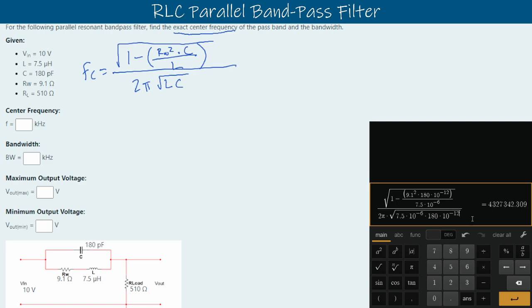So that is our output that we expected there. So we'll set this equal to our frequency, they want it in kilohertz here. We got quite a large number here. Make sure we typed all of our equation in correctly. Looks like it.